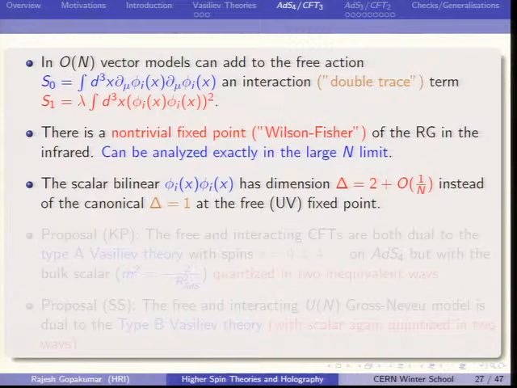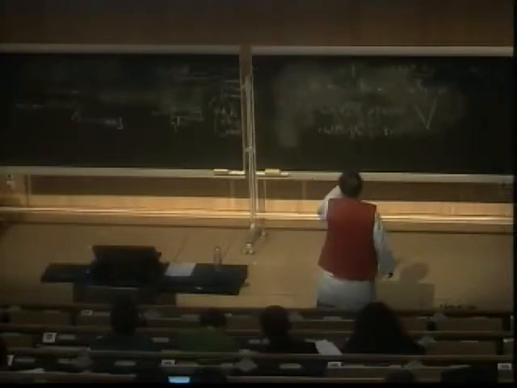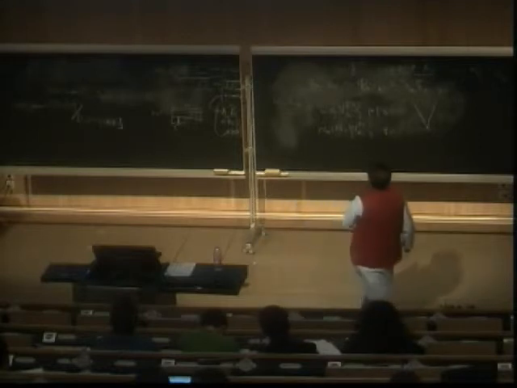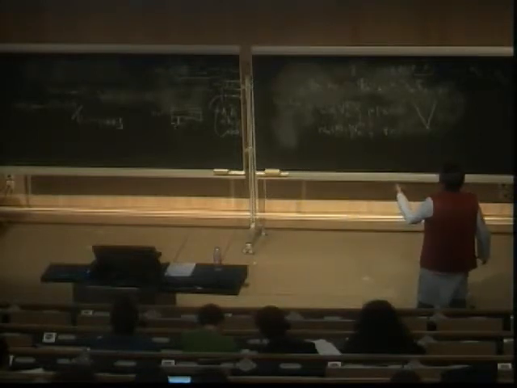So what happens? This is a non-trivial fixed point, so the operators don't have their canonical dimensions. But what happens in the large N limit is actually quite simple. This scalar bilinear phi_I phi_I now turns out to have a dimension equal to 2 plus 1 over N corrections, instead of the canonical delta equal to 1.